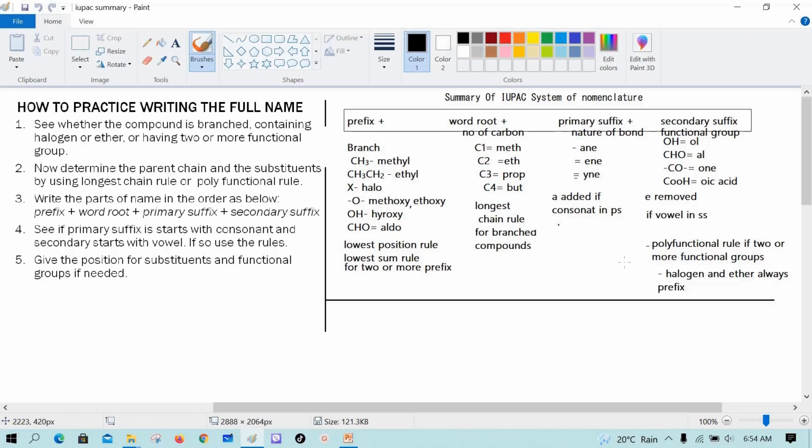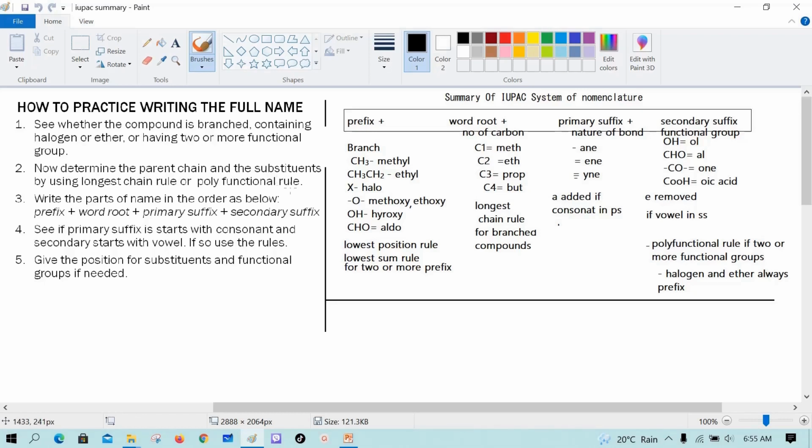So once we have the knowledge of this summary, then we can practice naming the compound by using these steps. These steps include, first, we have to identify whether there is a branch, polyfunctional groups, or halogen or ether.